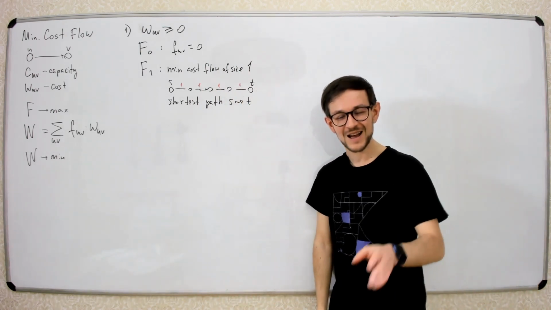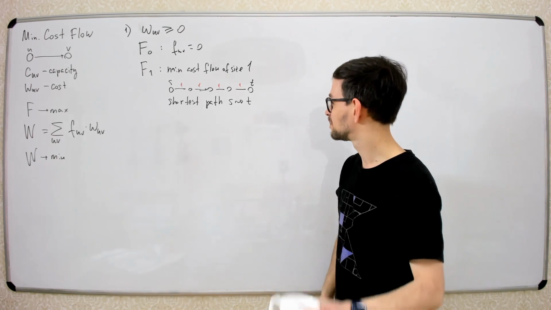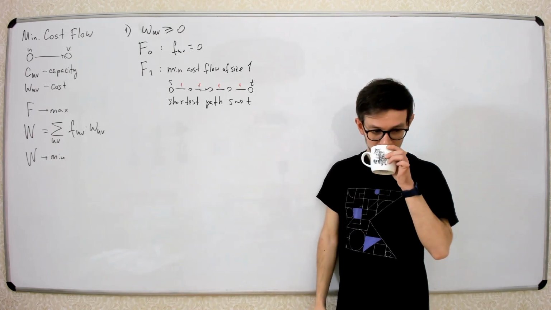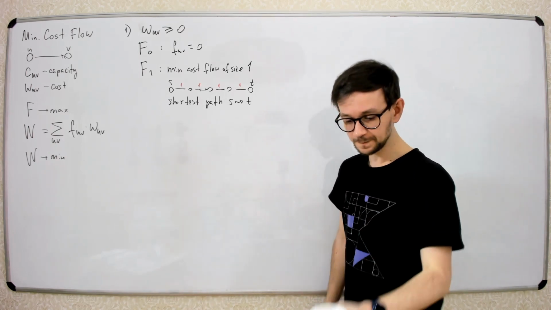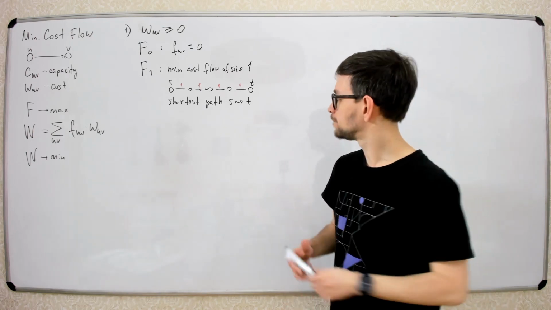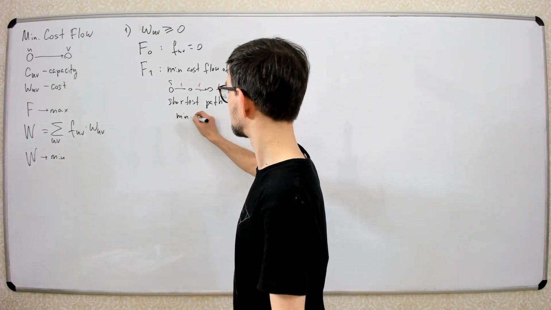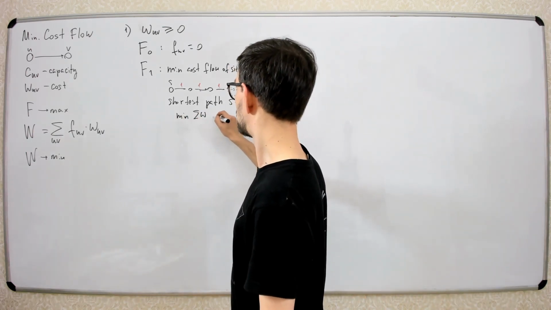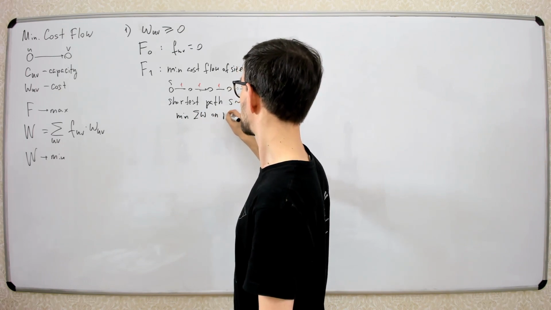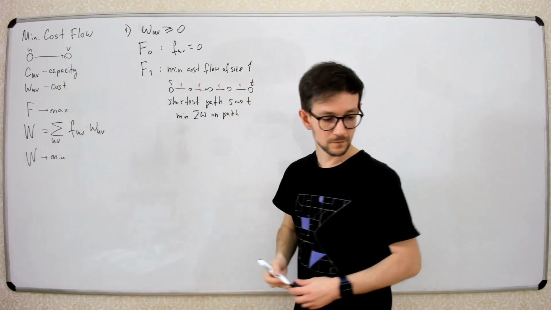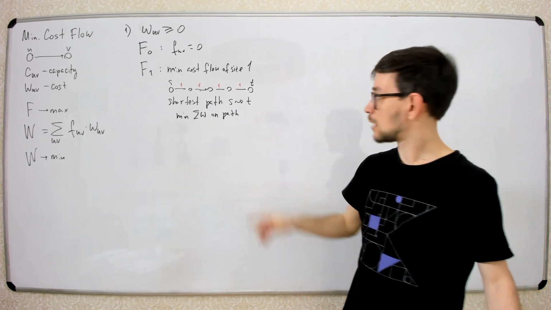Okay, now, how to find the shortest path? I want to minimize the total weight on this path. How to find the shortest path?